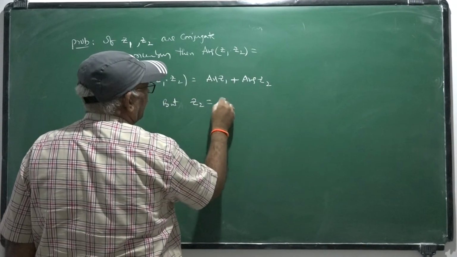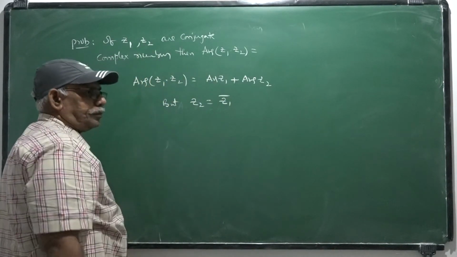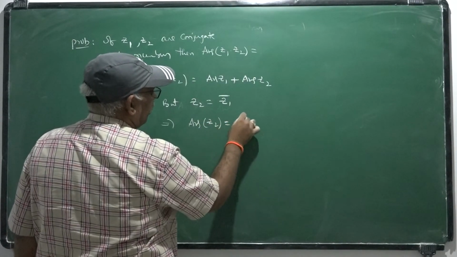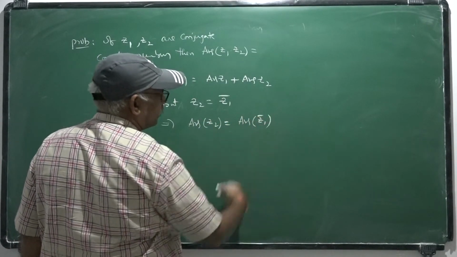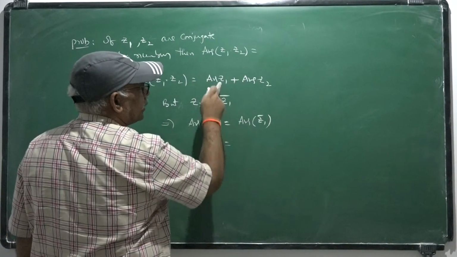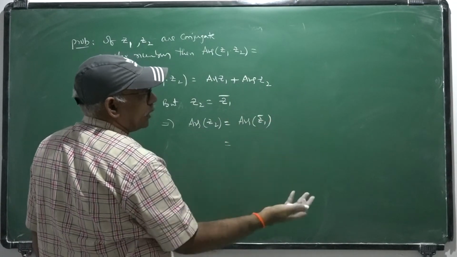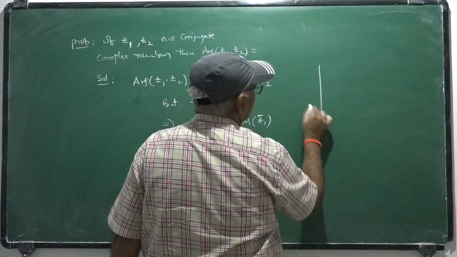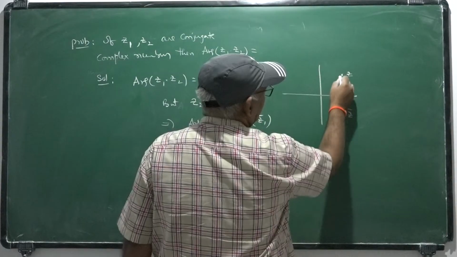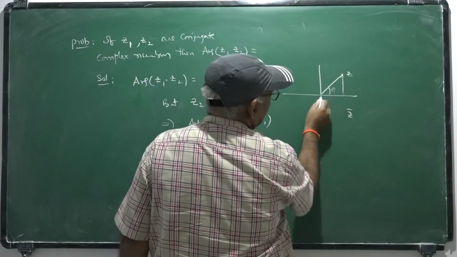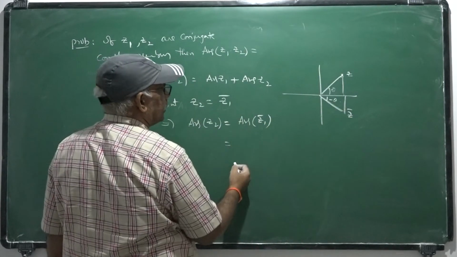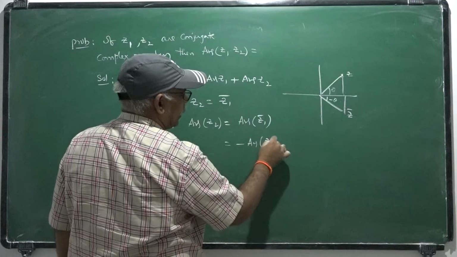But here Z2 is the conjugate of Z1, so argument of Z2 is argument of Z1 bar. Argument of Z1 is theta, argument of Z1 bar is minus theta, because once this is Z, this is Z bar. So once the argument is theta, this is minus theta itself. Hence this is minus argument of Z1 itself.